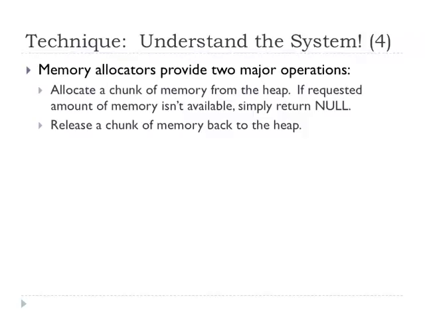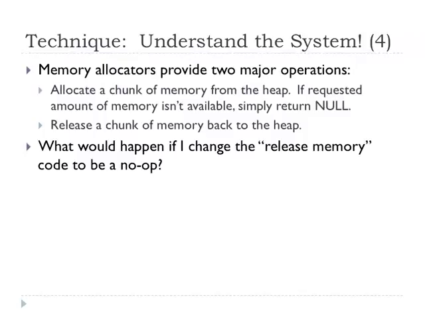So the allocator has two major operations. Like I was saying, you allocate a chunk of memory. If it's not available, you return null, and you release a chunk of memory. So what would happen to the allocator if I decided to just change the release memory part of the allocator to be a no-op? So you say, hey allocator, free this chunk of memory.